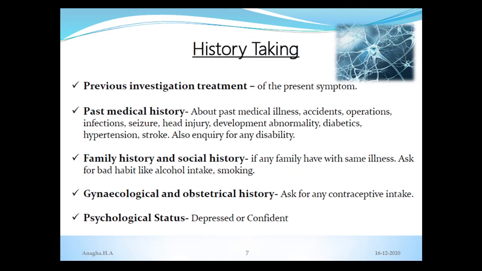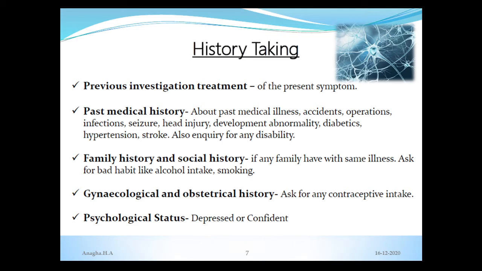In history taking, the neurological history and physical examination are the most important tools in neurological diagnosis. So we also have to give importance to the past medical history, and the history is often the only way of diagnosing neurological illness that typically has normal or non-focal findings on the neurological examination.